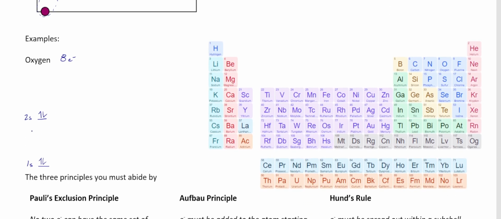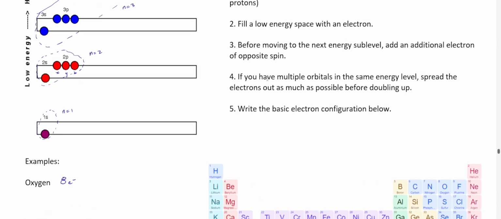I draw that out. And when I draw that out, I make sure that I indent the 2p orbitals. Remember, there's 3 of them, 3 orientations in 3D space, one along the x, one along the y, and one along the z. Now, because I have 4 electrons to place, as we see in the procedure, if I have multiple orbitals in the same energy level, spread the electrons out as much as possible before doubling up.